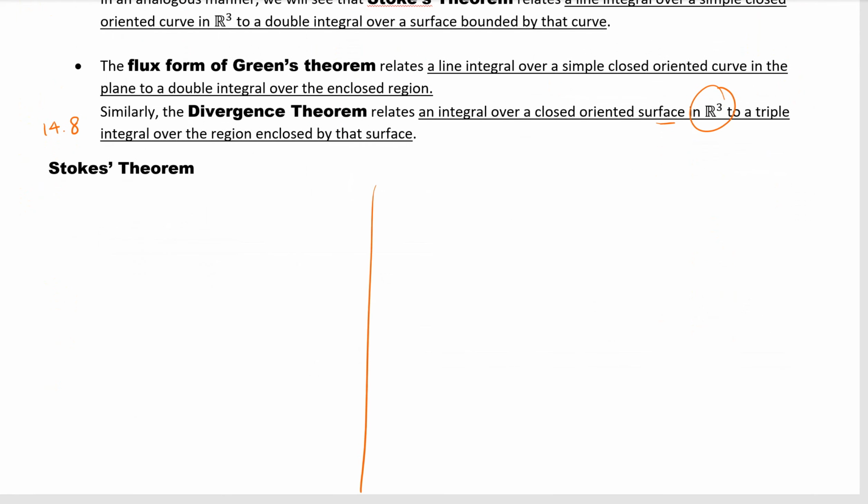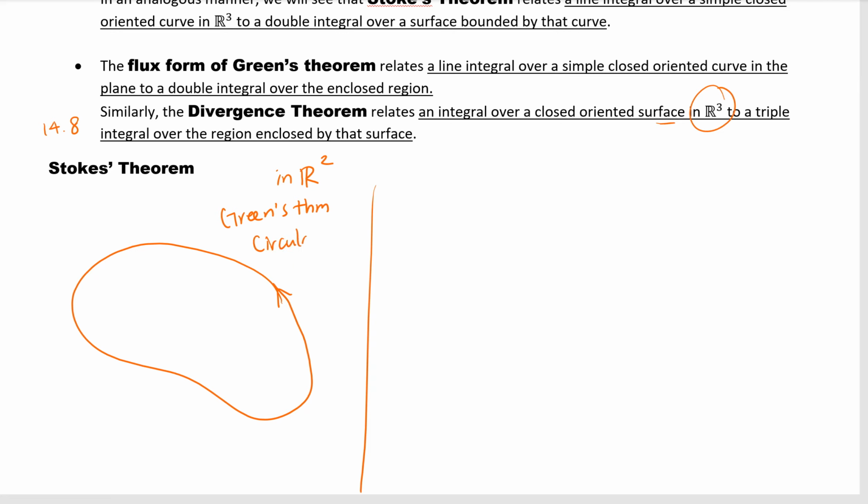Okay, so let me draw the picture here. So Green's theorem, right? In R2, we have Green's theorem, and this is the circulation form. We have C and R is the region, right?